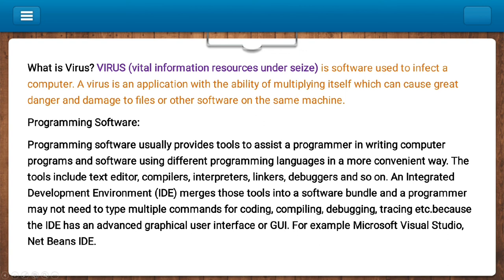There is a different kind of software for writing down the programs, or through which you can create different types of application software also. Those are called programming software. So you have different types of programming software also.